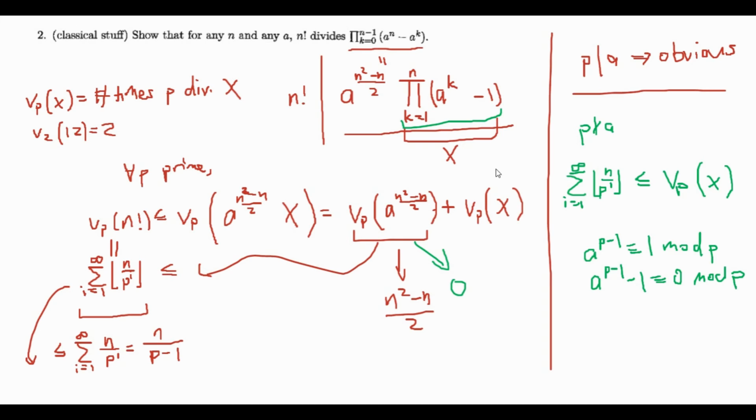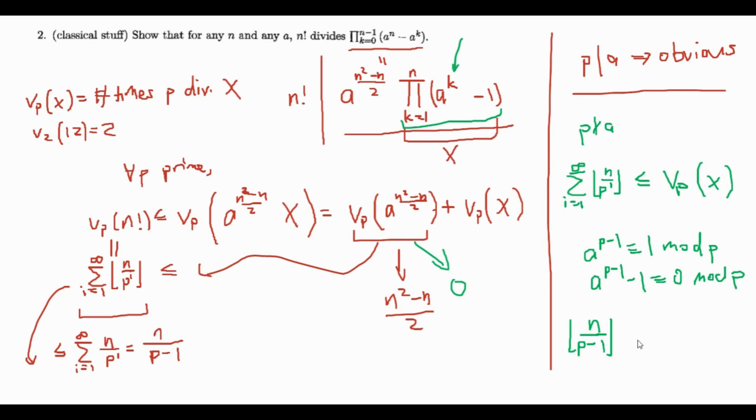So we can use this fact in this product right here. We notice that right here we have an a to the power of k minus 1. When k is a multiple of p minus 1, then this a to the power of k minus 1 has a factor of p. So how many k are there such that k is a multiple of p minus 1? Well, there's simply n over p minus 1 and take the floor of that.